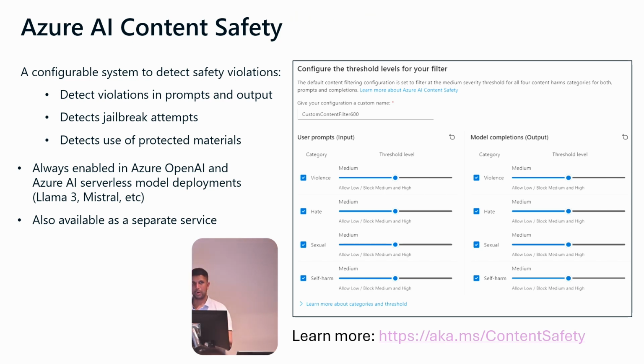When the user sends in the prompt, you can have various categories of control like violence, hate, sexual content and self-harm. You can have different levels of moderation and also the same controls on your output from your model. So you can use that.